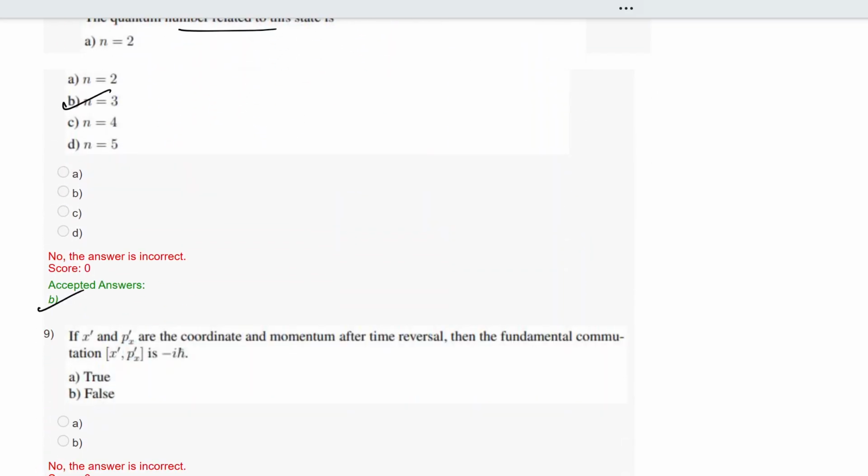Now question number 9 is, if x prime and px prime are the coordinate and the momentum after time reversal, then the fundamental commutation relation of x prime and px prime will be what? So you know that before time reversal, x and px has this commutation relation of plus i h cut. Now x prime under time reversal, T x T dagger, has become x prime.